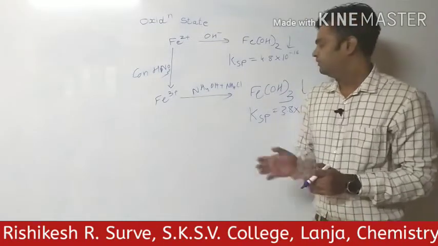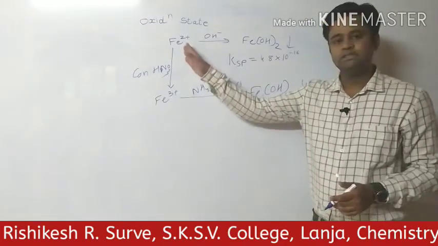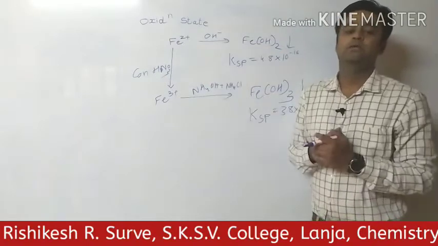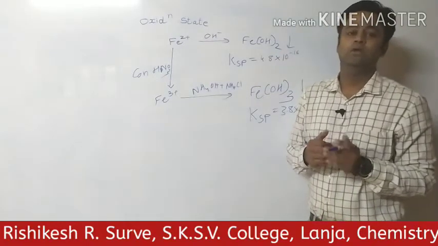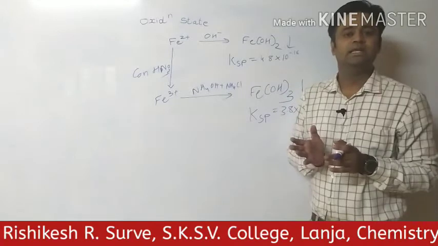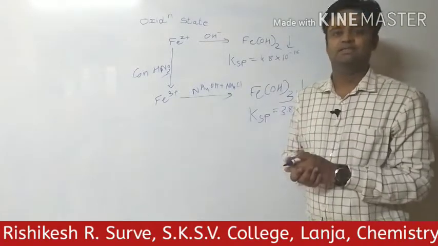In that way, we can separate Fe2+ from other constituent metal ions, and this is the role of oxidation state in inorganic qualitative analysis. Let's see the role of pH in inorganic qualitative analysis.